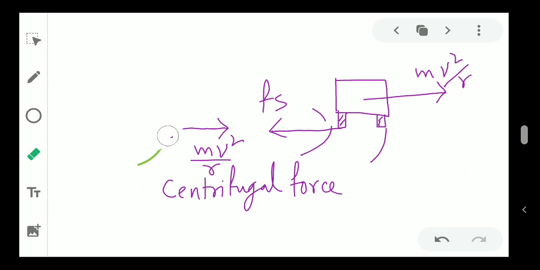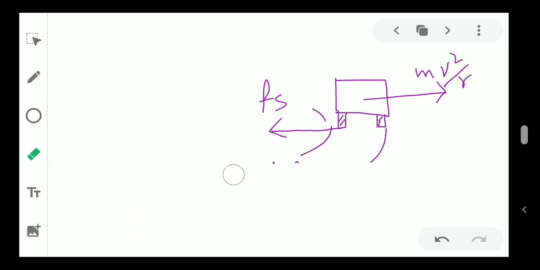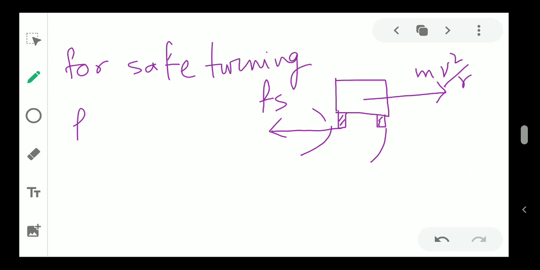If these two forces balance each other, we can easily write that for safe turning, this Fs should be equal to or greater than the centrifugal force. If it is greater, then also the car will not slip away, and if it is equal, then also the situation will be safe. So when this is more than or equal to the centrifugal force, the car will not slip away and the accident probability is less.